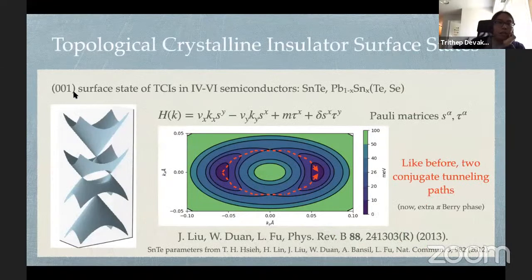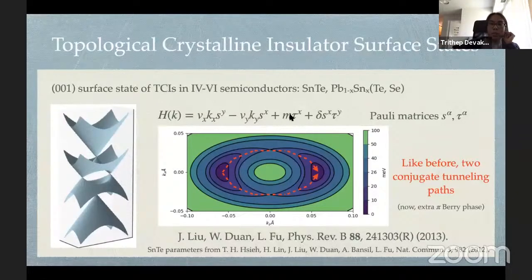So if you look at the 001 surface states of topological crystalline insulators of this class, which includes, say, tin telluride, and here I'm plotting everything using the parameters for tin telluride. It was derived in this paper by Liu, Duan, and Fu that the surface state effective Hamiltonian takes on this simple form where you have these two terms, which gives you two Dirac points located at 0.